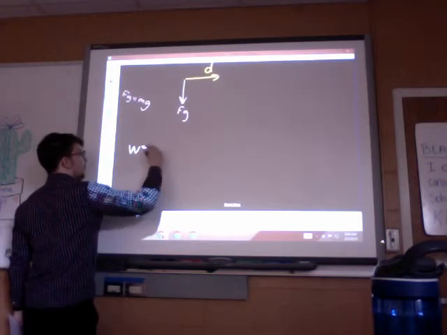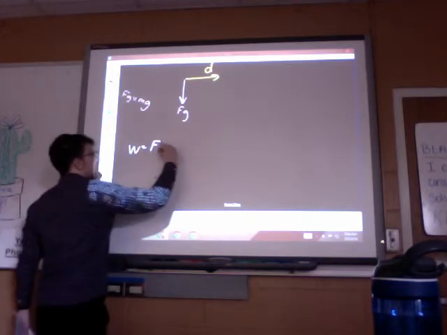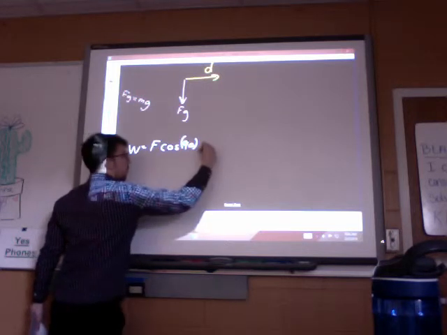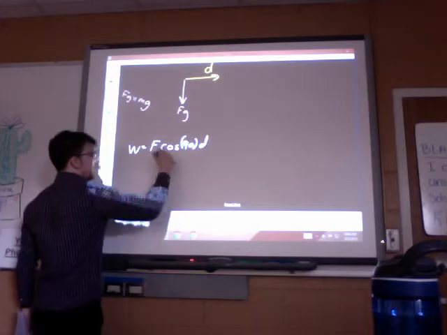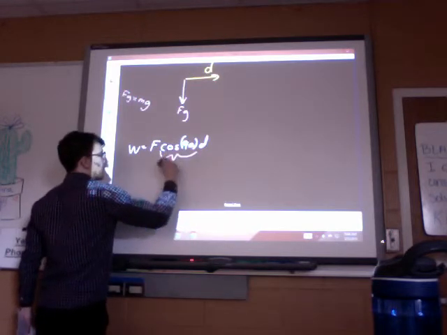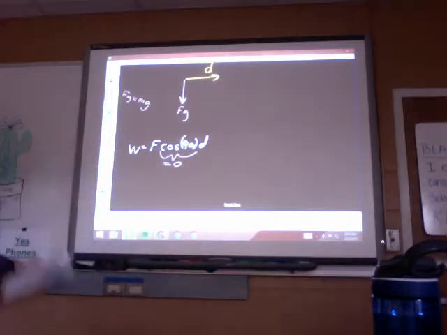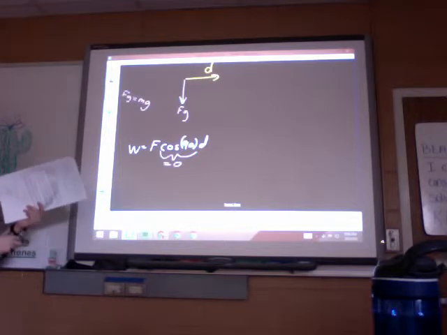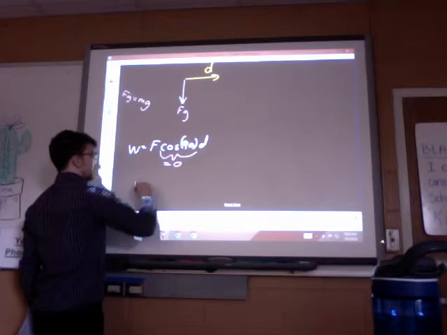So you could plug in force, whatever that is, 22 times 9.8 times cosine 90 times 1.15. But if you know that this equals 0, you can just show this. The minimum amount of work that you need in this problem is just writing cosine 90.